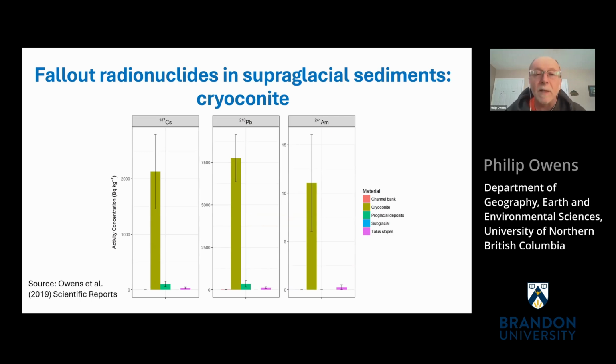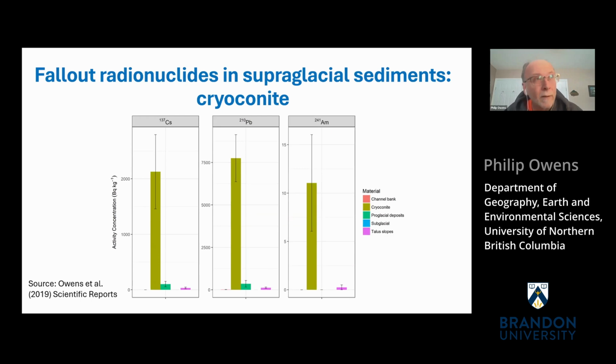One of them is cesium-137. You can see that on the plot on the left-hand side. The bars represent different types of material. So that proglacial material, I was also able to get some subglacial material. It was a bit scary.